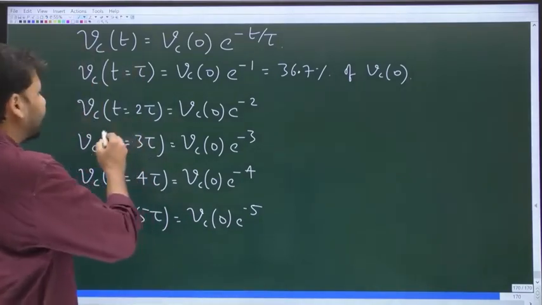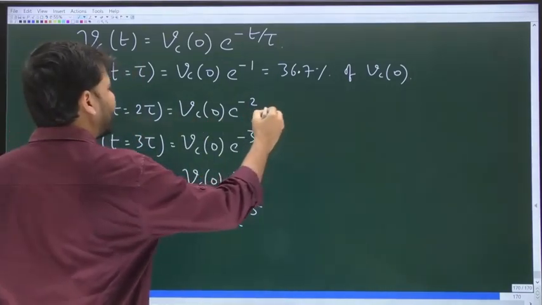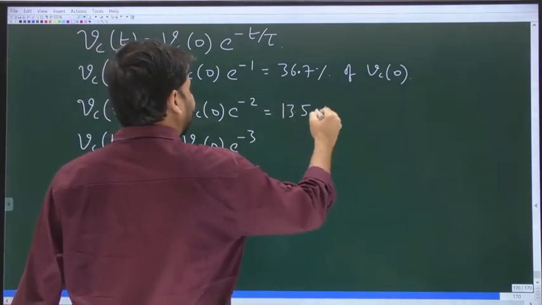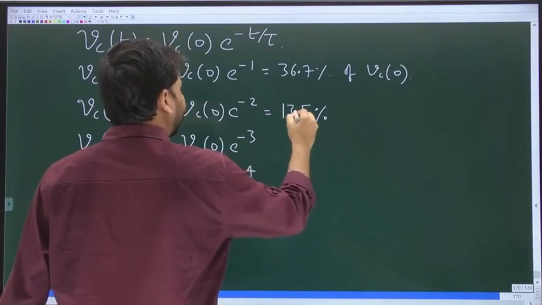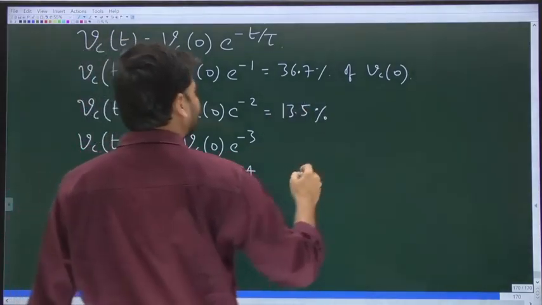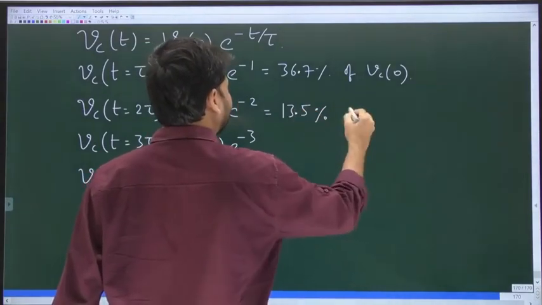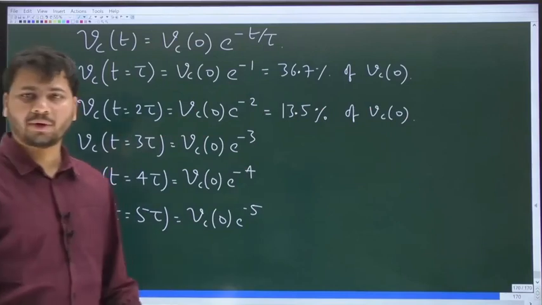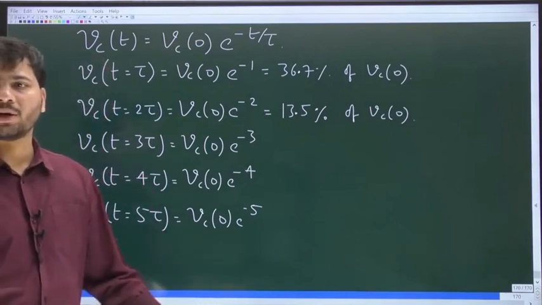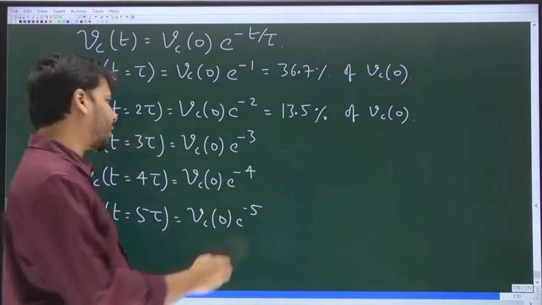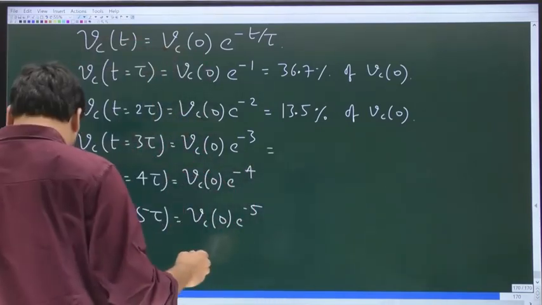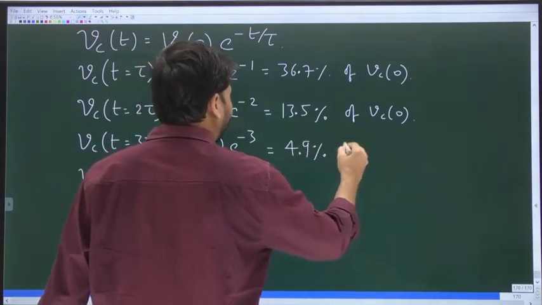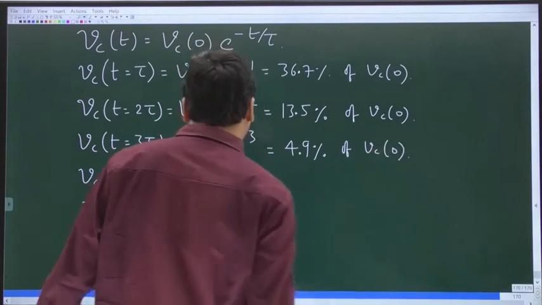And after 2 time constants, it will be Vc of 0 into e power minus 2, and this is roughly 13.5% of its initial value. So after 1 time constant, it becomes 36.7%. After 2 time constants, it becomes 13.5% of its initial value. And if you wait for 3 time constants, then it will become 4.9% of its initial value.